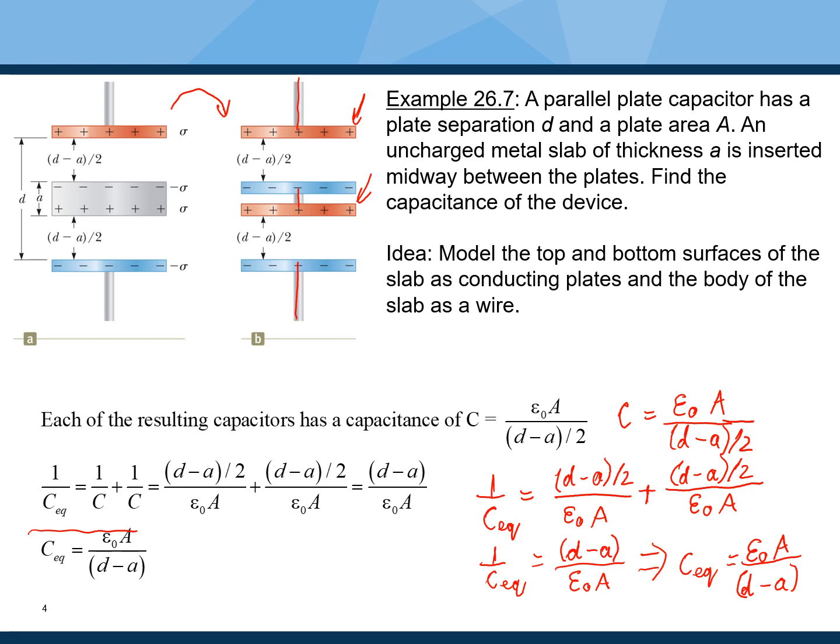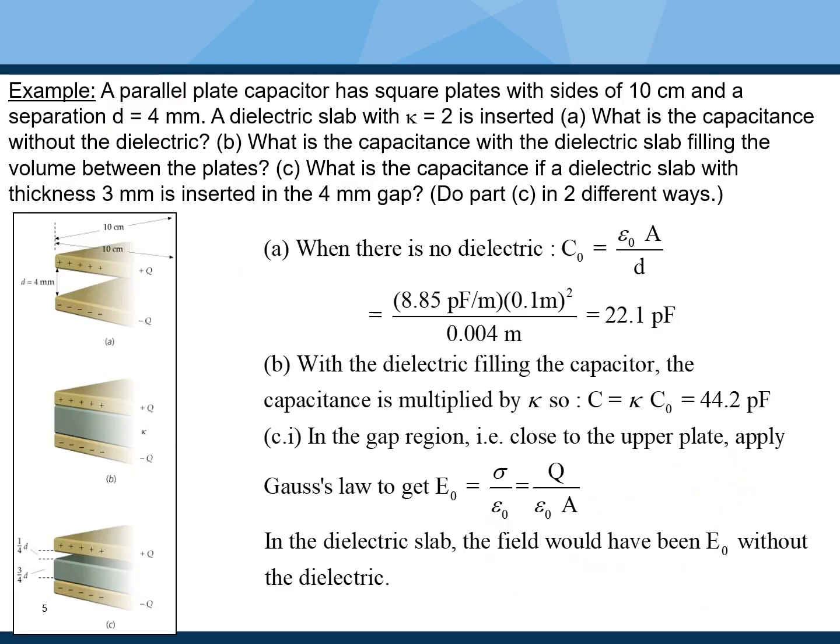So the equivalent capacitance, or the capacitance of the panel on the left, is still given by CEQ, which is just epsilon naught A divided by (D minus A). With this insight, we're now ready to move onwards to the next problem.